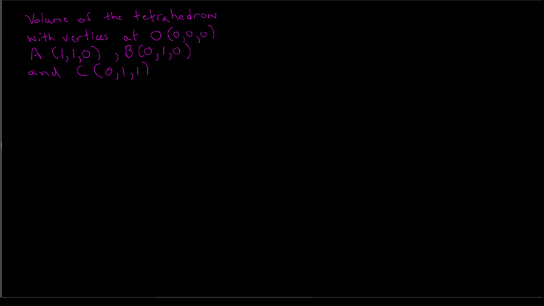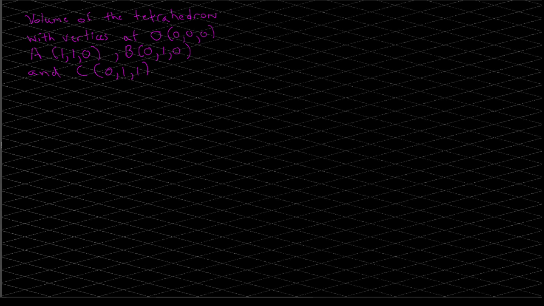So I'm going to start by drawing this. Let's see if I can get a grid system here. So here will be my origin. And I'll move my x-axis out this way, and my y-axis out this way, and my z-axis straight up.